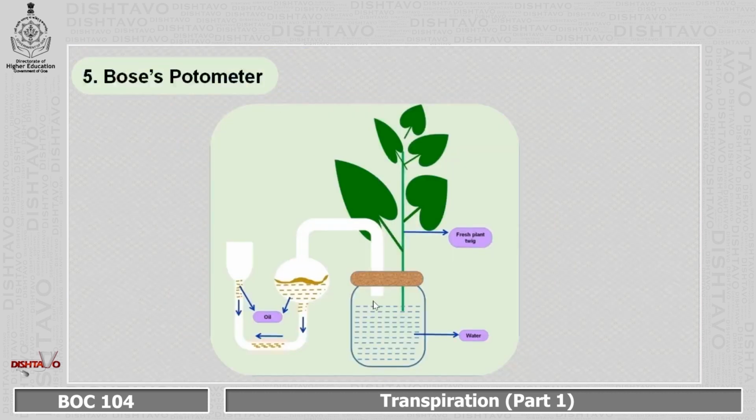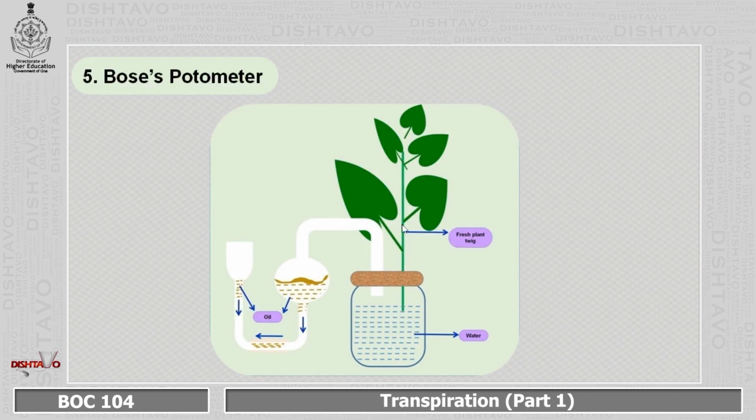Coming to Bose's potometer, here this is a glass jar. Again, it is airtight. We have a twig, and a glass tube which has 2 bulbs, the inner bulb and the outer bulb. In the outer bulb, there is an oil drop placed. Whenever transpiration takes place, water is taken up and released out.